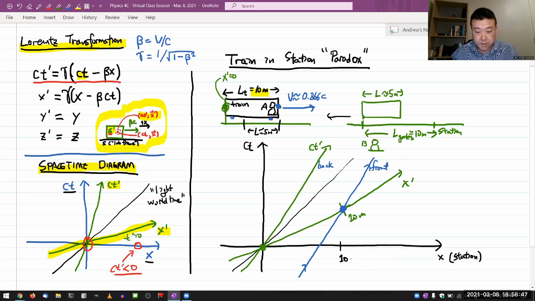So let me draw the world lines of these gates. The back gate, the left side gate here, is going to be at x equals 0, and it's just going to stay there for all time. Basically, the world line for this goes along the ct axis. Kind of boring. It's just a vertical line, maintaining the same x value forever.